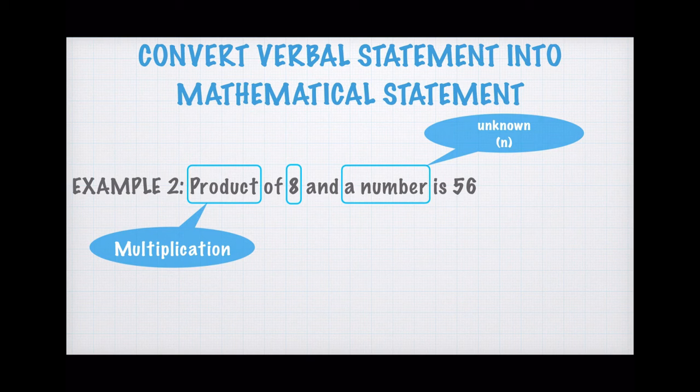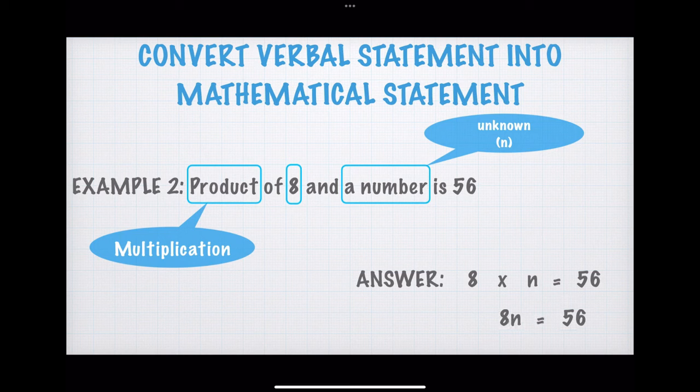In mathematics, is represents equal to. So, 8 into n is equal to 56, which can also be written as 8n is equal to 56. While writing an algebraic expression, we usually avoid using the multiplication or into symbol because it can be easily mistaken by the letter X.